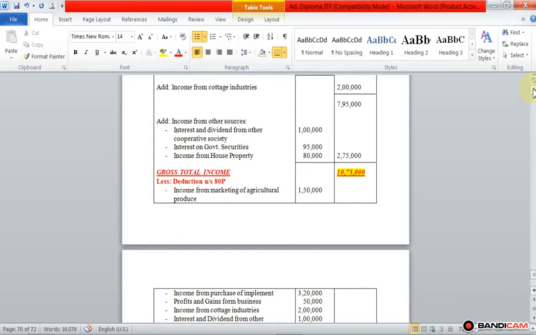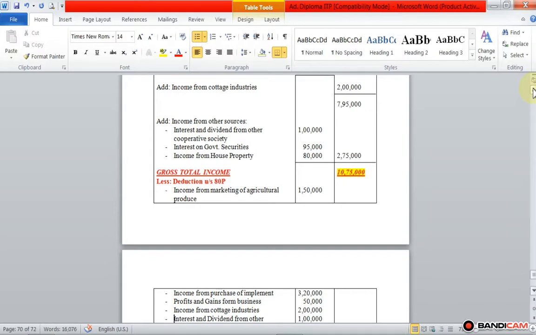Okay, then 1 lakh rupees deduction is allowed to a cooperative society and 50,000 deduction is allowed to all other cooperative societies, which means except a primary cooperative society and a banking cooperative society doing a banking business.